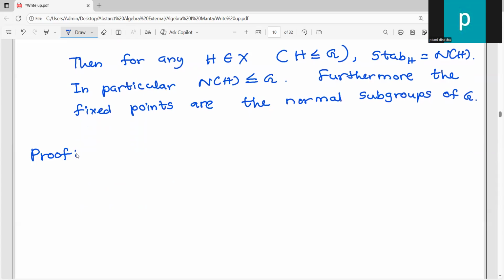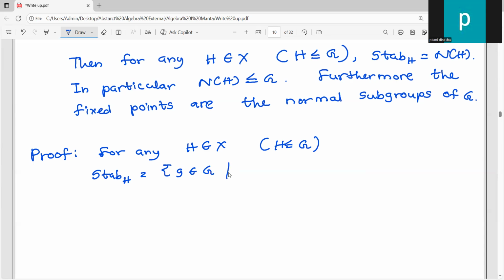First, we have to show that the stabilizer, take for any H an element in X. We know that H is a subgroup of G. We have to show that the stabilizer of H is the normalizer of H in G. So by definition, write the stabilizer of H: every element in G that fixes this particular element H. This is equal to, by definition of the group action, G H G inverse, which is equal to H, right?